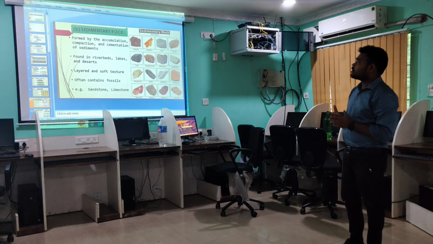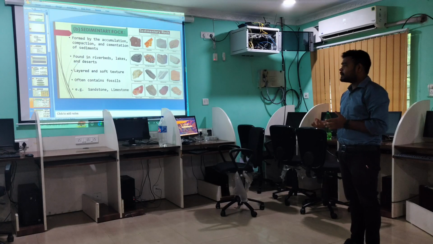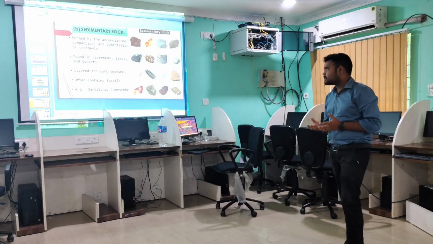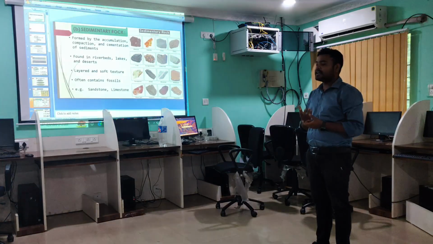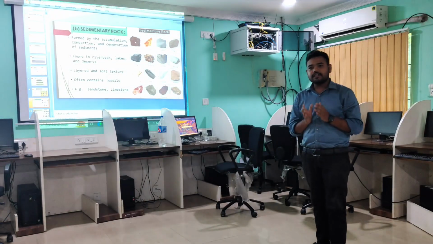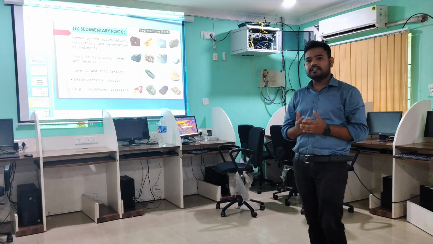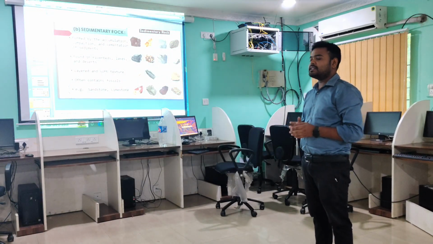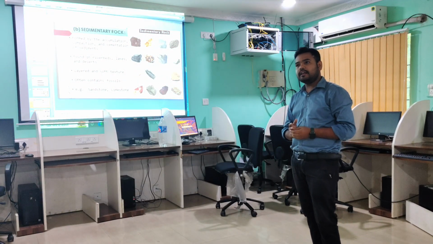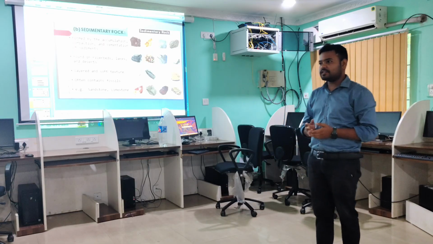Sedimentary rocks are found in river beds, lakes and deserts. They are layered with soft textures, and they often contain fossils. Examples of sedimentary rock are sandstone, limestone, shale, conglomerate, breccia, etc.